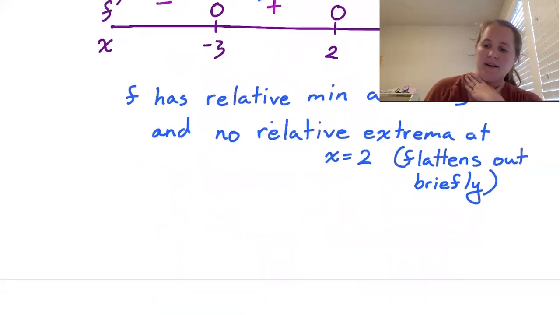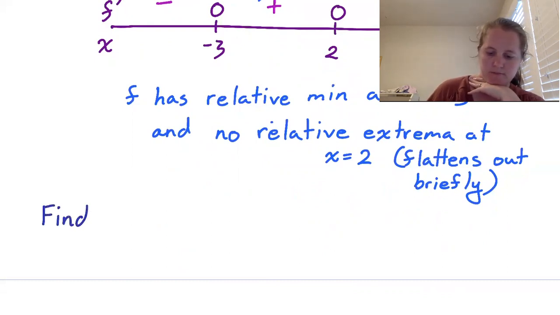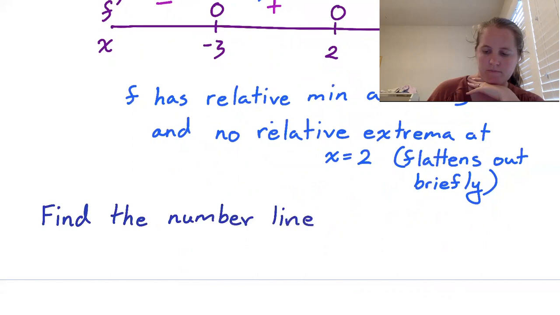So we can again do our second derivative, so we can find the number line for the second derivative.